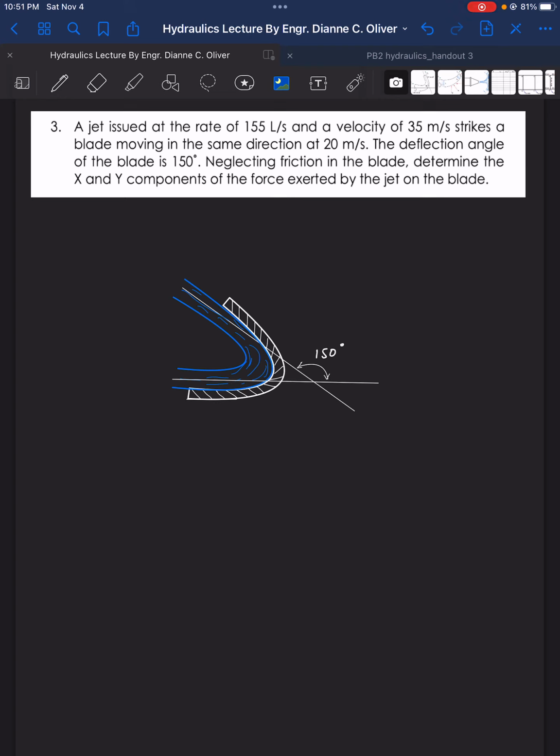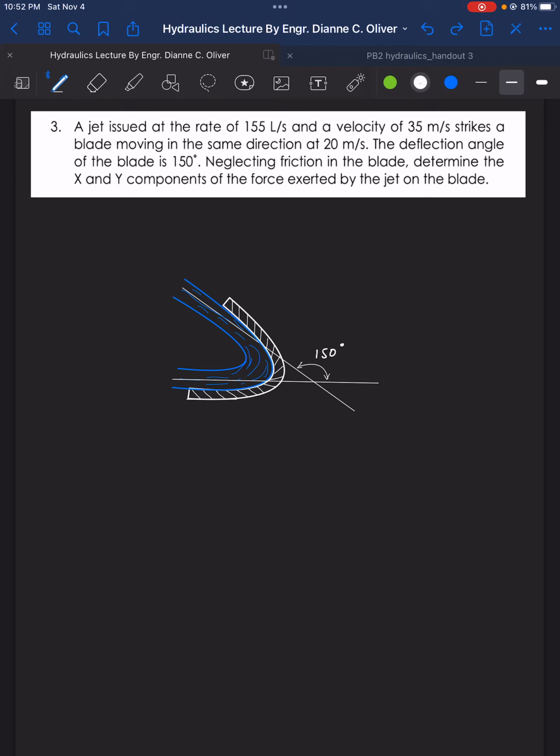So we have a deflected vane, 150 degrees. So this is the 150 degrees deflected vane. Therefore, it forms an acute angle for our water here, and that is 30 degrees.